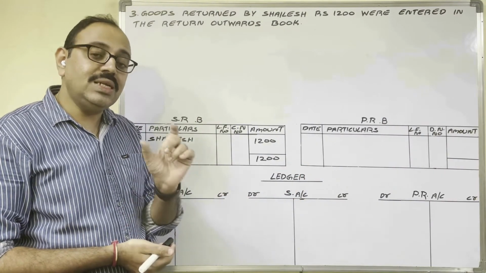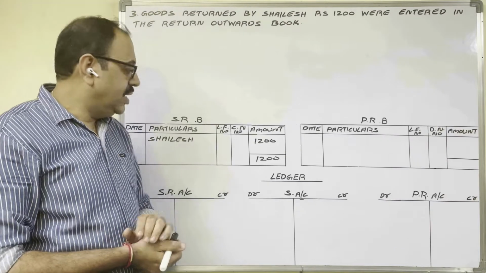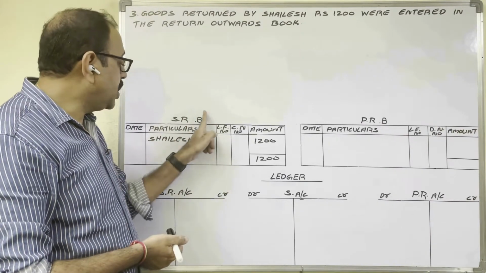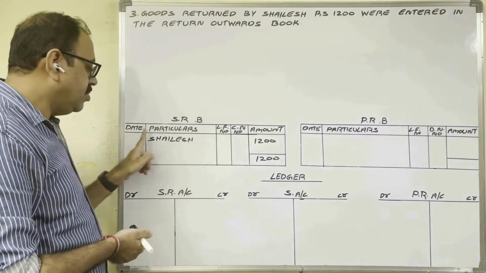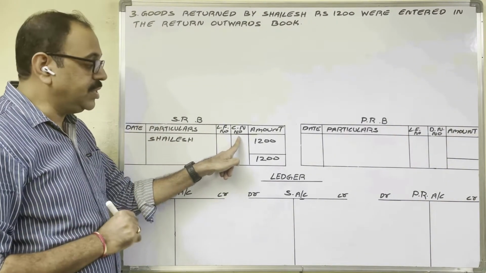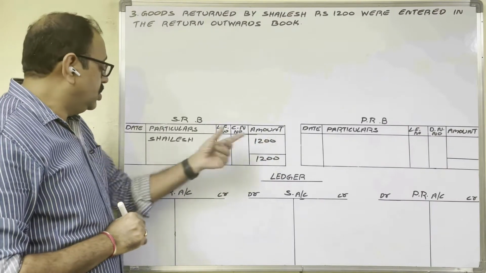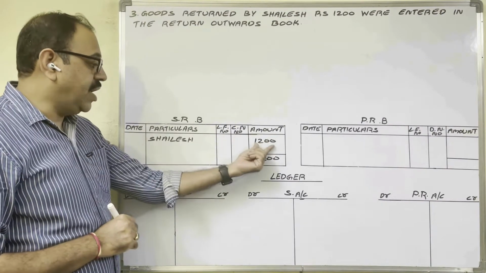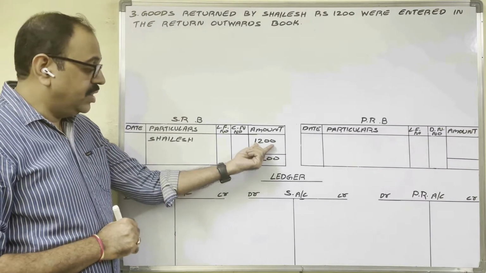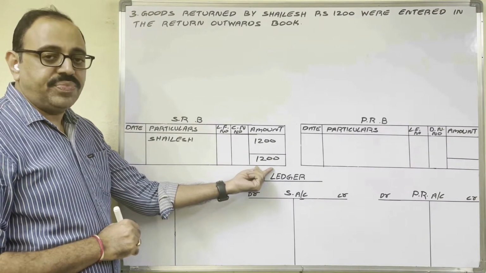So these are sales returns transactions. In the sales returns book, we should enter this transaction. The sales returns book format is date, particulars, ledger folio number, credit note number and amount. So customer's name, amount. Assume this is only the sales return transaction. Then the total is also the same.